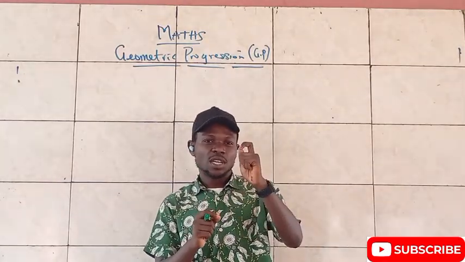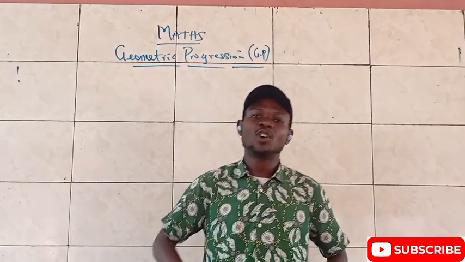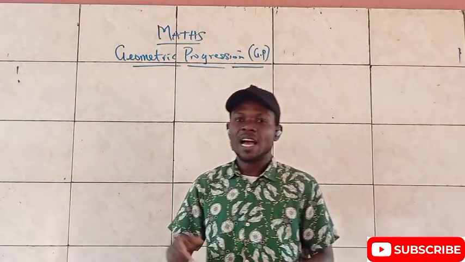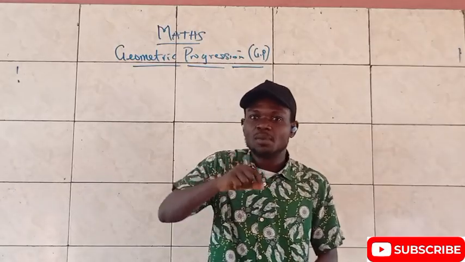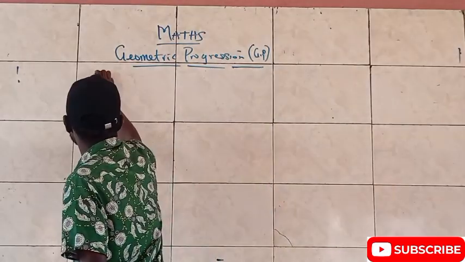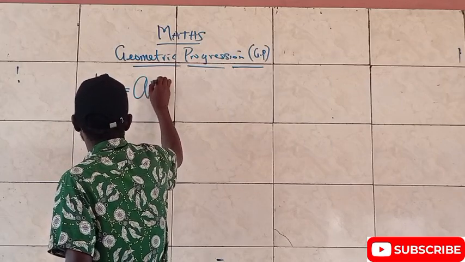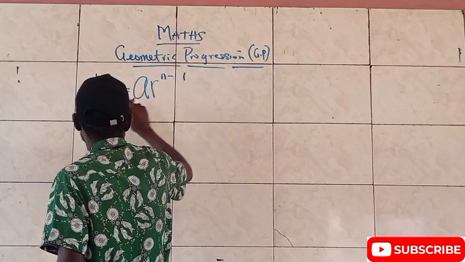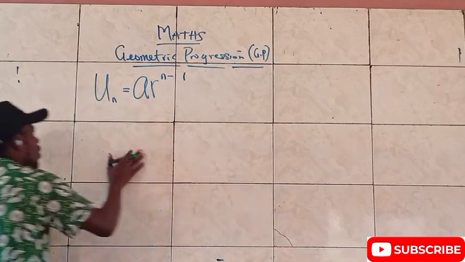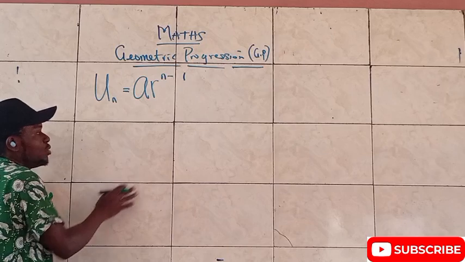The definition is that what? A geometric progression is a sequence that is characterized by common ratio. And the nth term of a geometric progression is defined by u subscript n equals ar raised to the power of n minus 1. This is the nth term of a geometric progression.